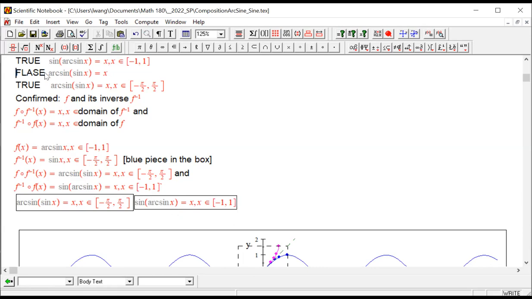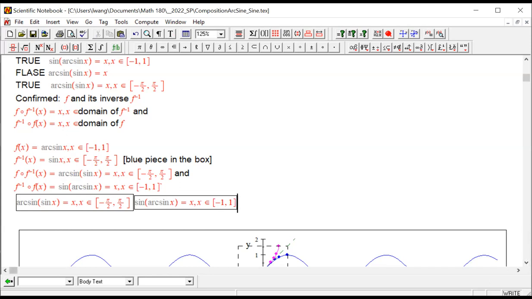If we don't have any condition attached to it, that is false. So this piece is false and that piece is true, if x is always from -1 to +1.